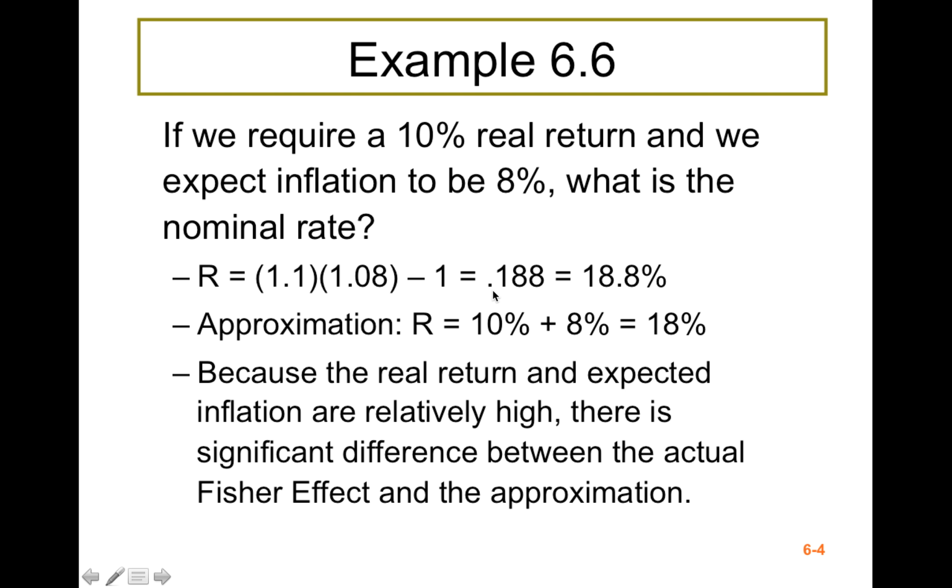If you do the mathematics there, you end up with 0.188 or 18.8%. Because the real return and the expected inflation are relatively high, there's a significant difference between the actual Fisher effect and the approximation. That would be important going forward.